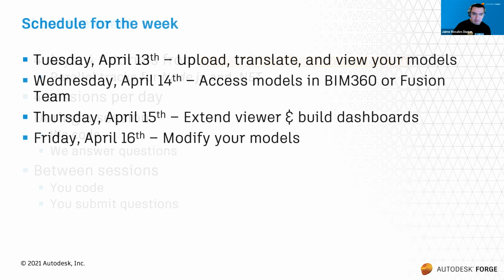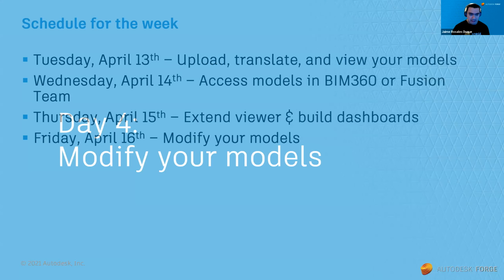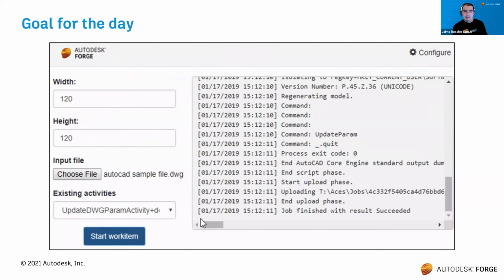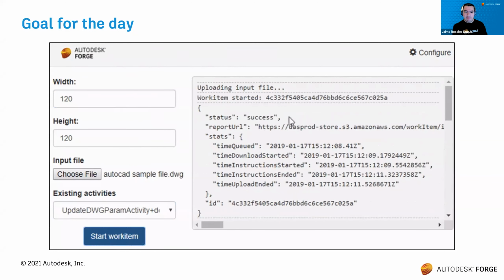What we have scheduled for today is the Modify Your Models tutorial, basically accessing the Design Automation API in order to automate certain tasks and processes directly in our desktop applications on servers running in the cloud. It's a simple app that allows you to select an input file and define a new width and a new height for that file.